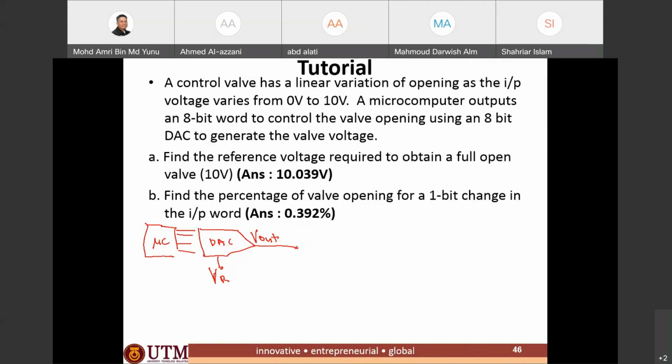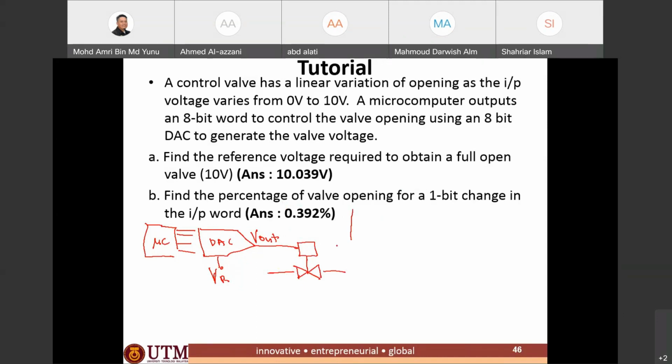The analog output is used by a motor which will manipulate the opening of a valve.